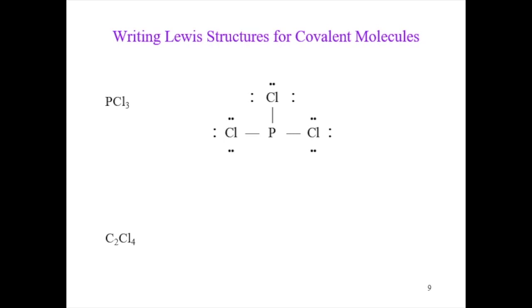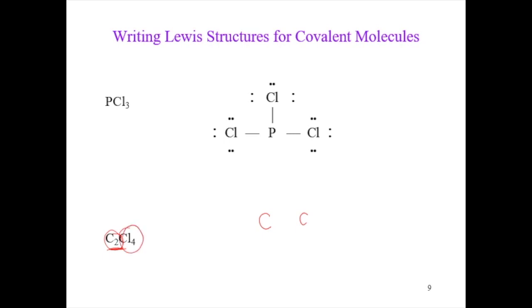Whenever you see a compound with carbon present in it, if the number of carbon atoms is more than 1, these carbon atoms are usually connected to each other by a bond. So what do I mean by that? Whenever we are drawing a structure of something with carbon, like this one has 2 carbon atoms, our central atoms are going to be 1 carbon, second carbon, and everything else that you see will be distributed.